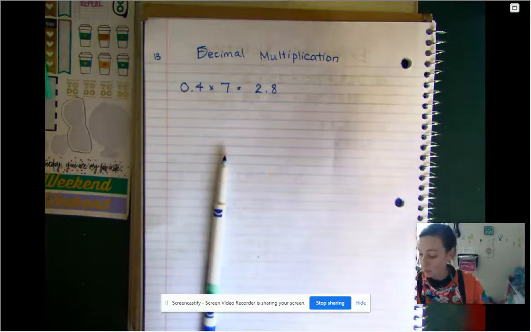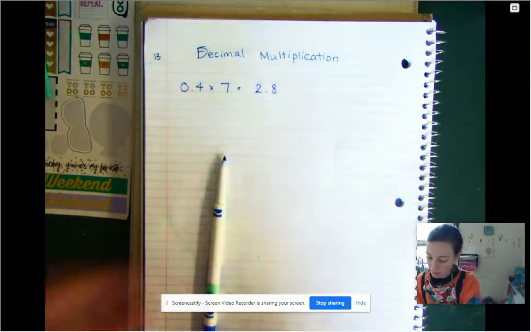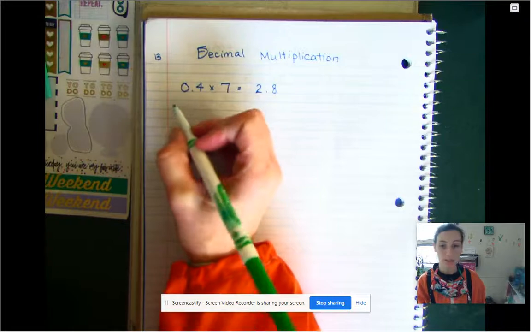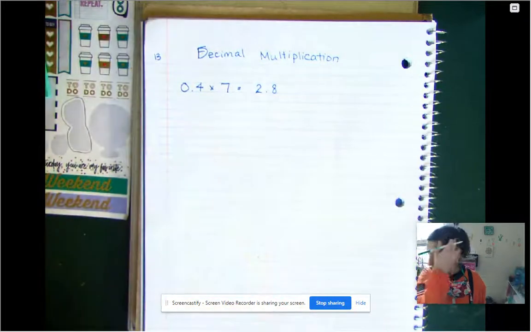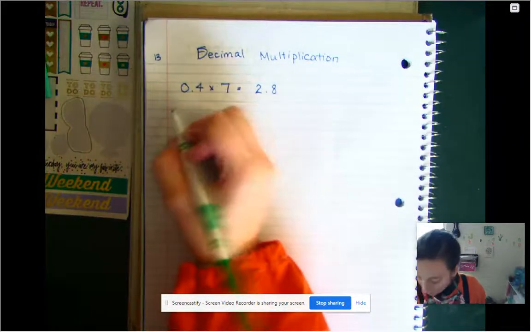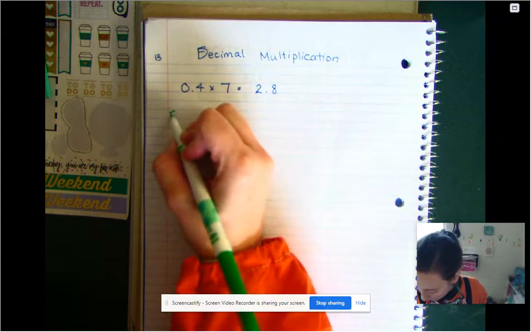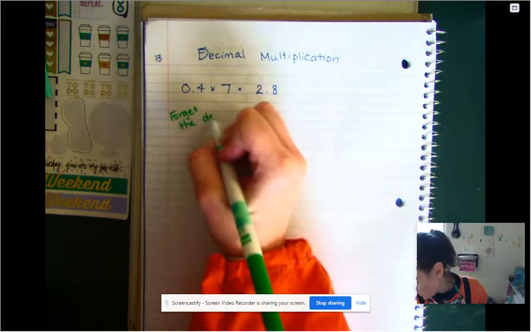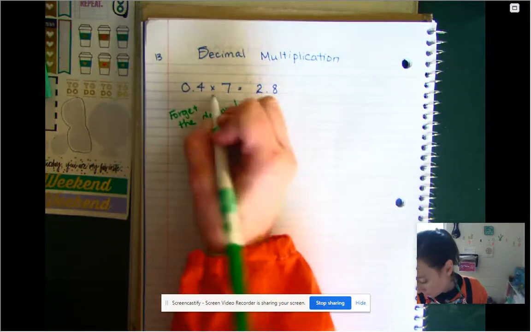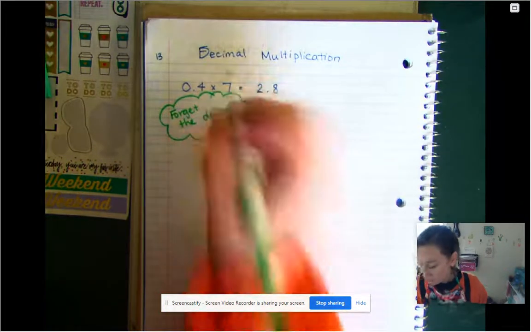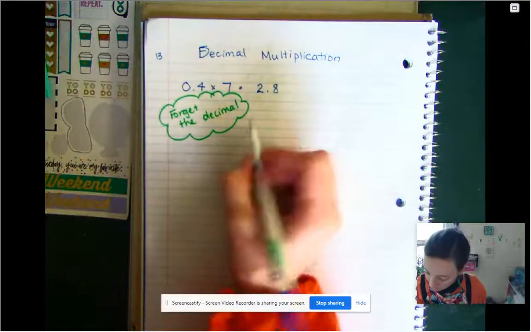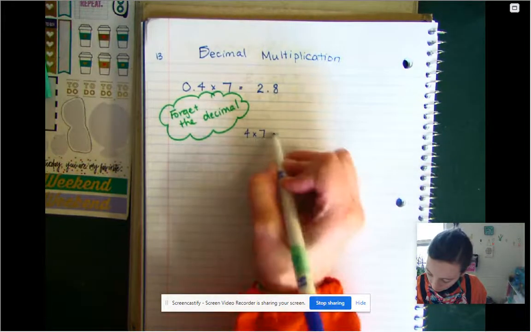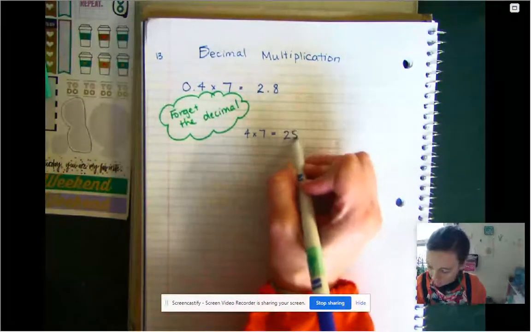So the way I can do a problem like this is this is going to be like a magical on-cue amnesia. So poof, we're going to forget about the decimal. And we're just going to do 4 times 7. 4 times 7 we know is 28.